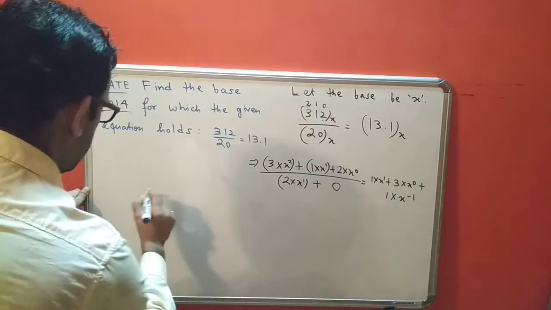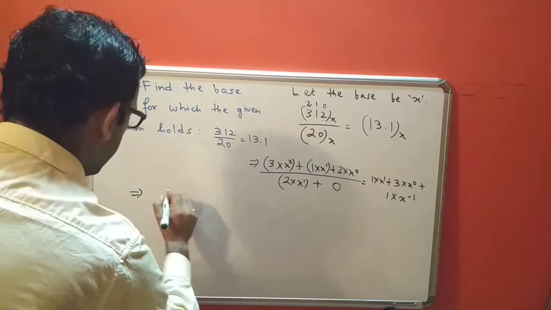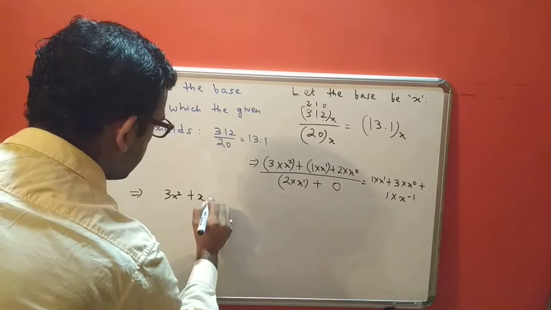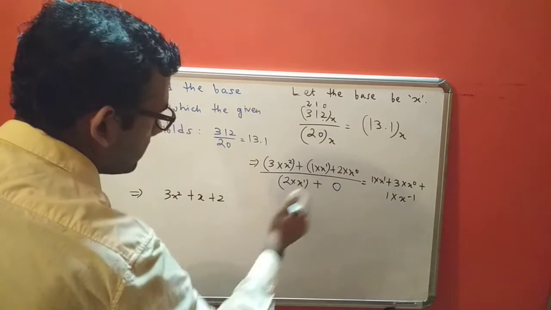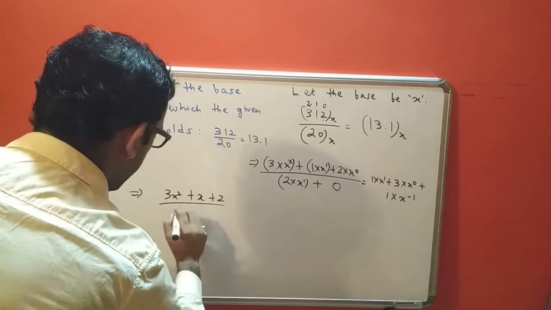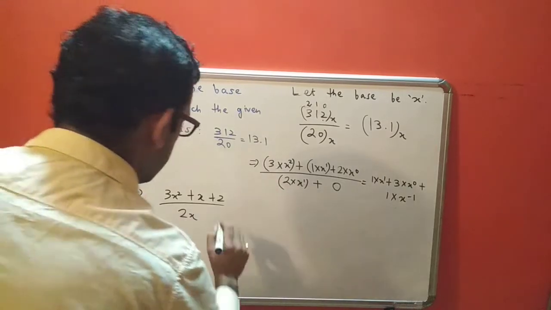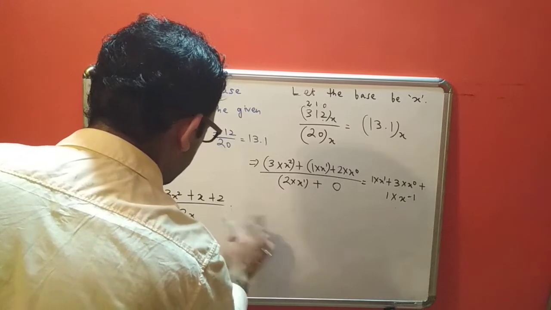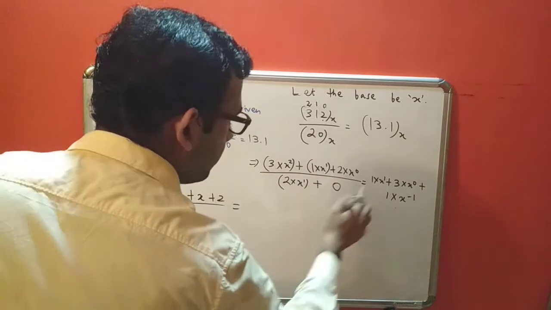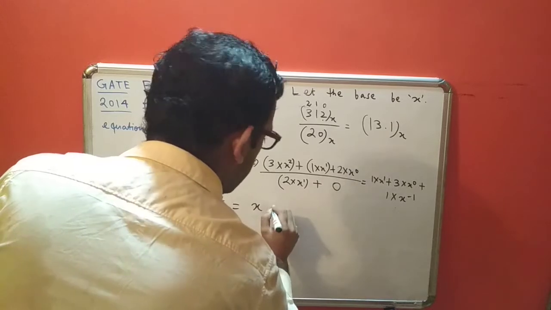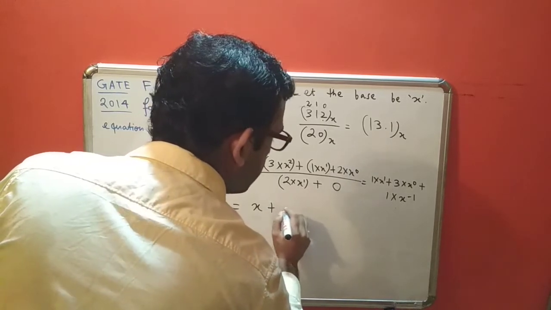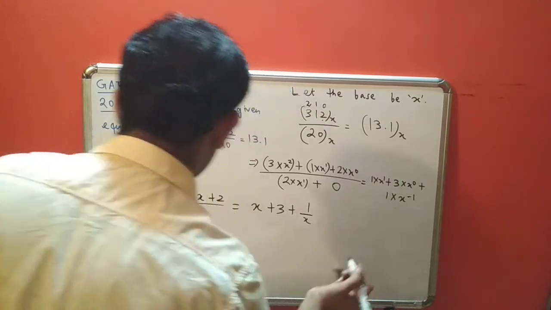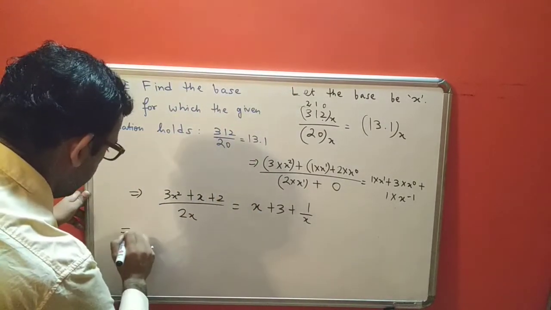So if I simplify this equation, I'll get 3x squared plus x plus 2, I hope my calculations are correct, divided by 2 into x, answer. There's no sum here. This is the same as x plus 3 plus 1 divided by x. As a result, I'll get a fractional value.